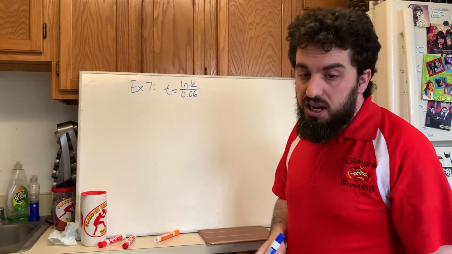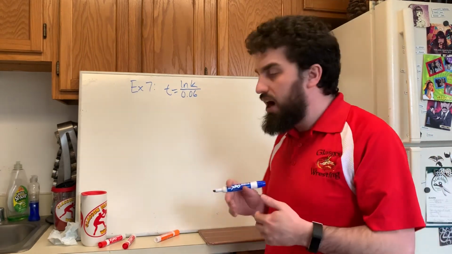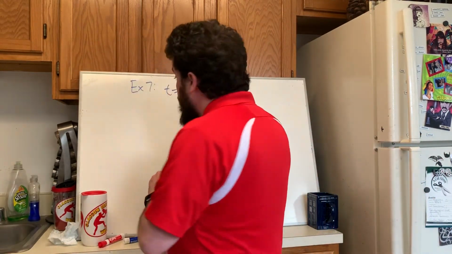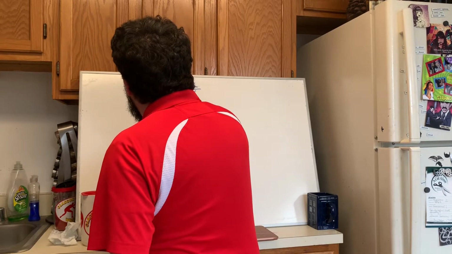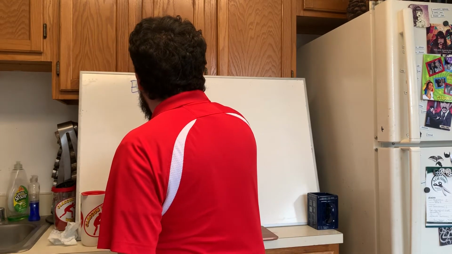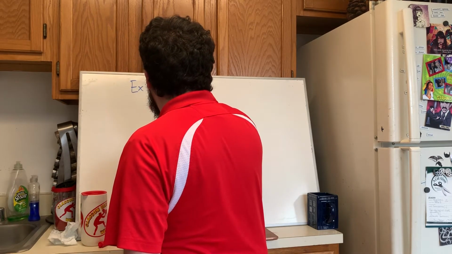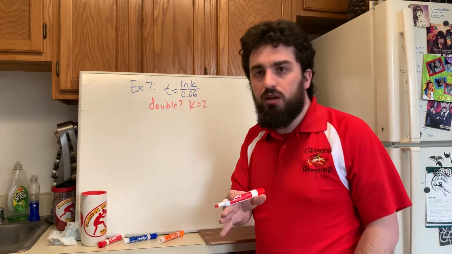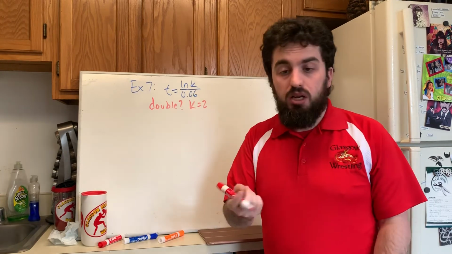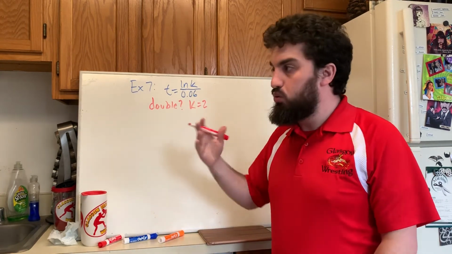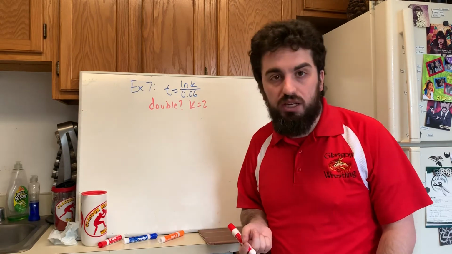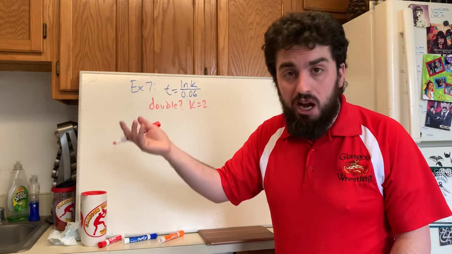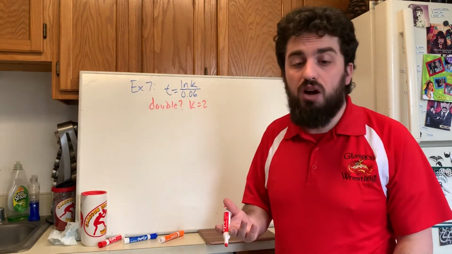So first thing it asks us to do is how long will it take to double? So doubling investment, and then we'll look at tripling. So doubling would mean my K value is equal to 2. If I want to know when the investment is 20 times greater, I put K at 20. If I want to know when it's 2.5 times bigger, again, just put in 2.5 for K.